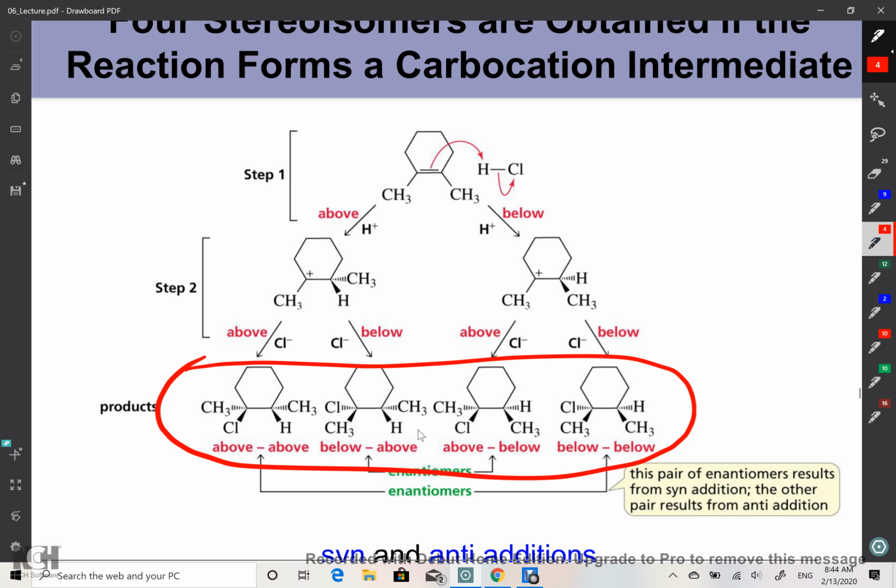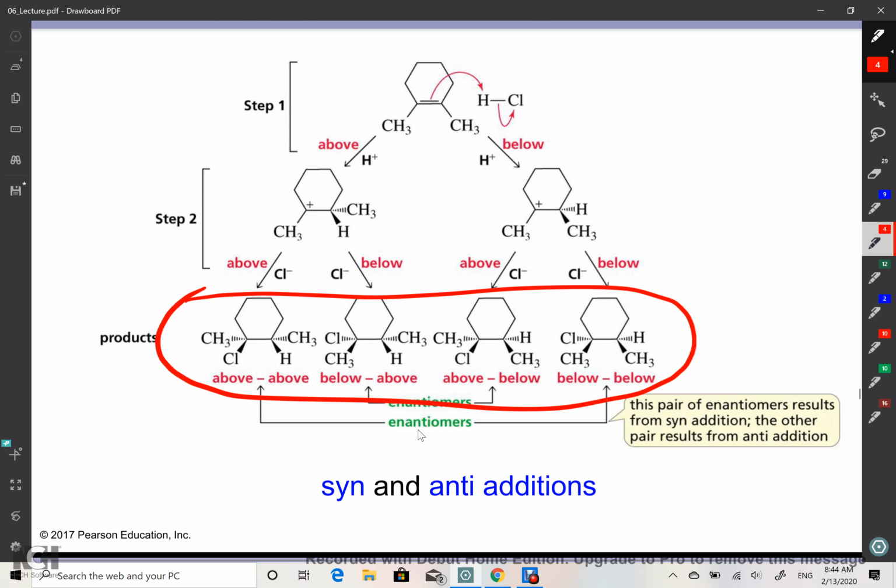Some of them are SS, some of them are RR, some of them are SR, some of them are RS. It's your duty to go and find out which one is SS, which one is RR, and which one is what. That's your duty.